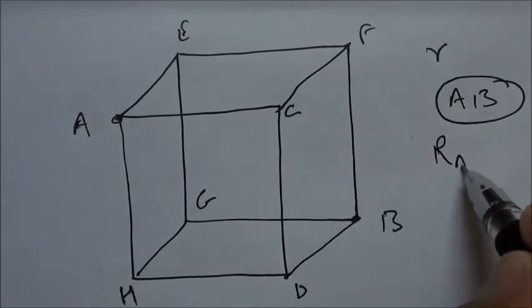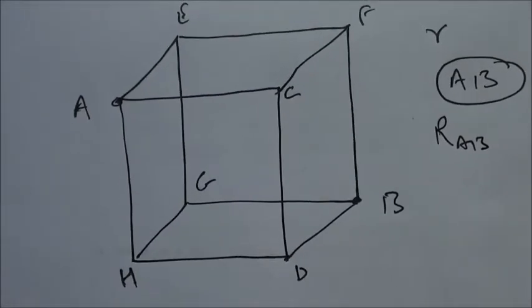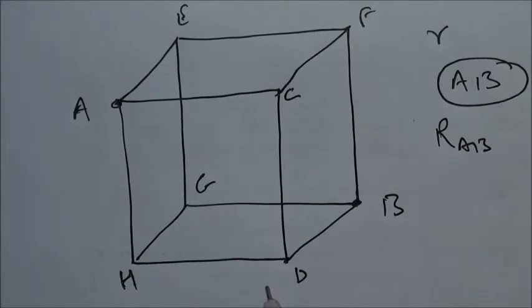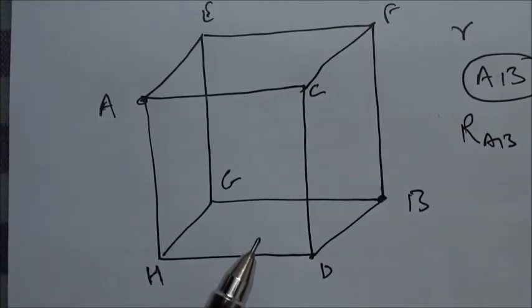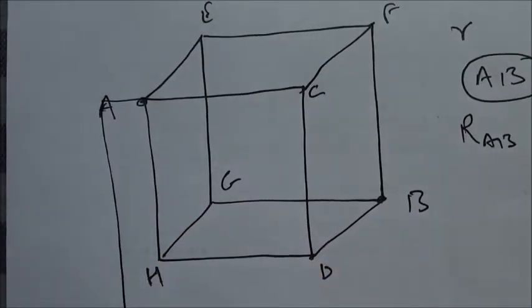So R AB is what we have to find out. This problem can be done using the concept of symmetry. Now see how we can divide the current.